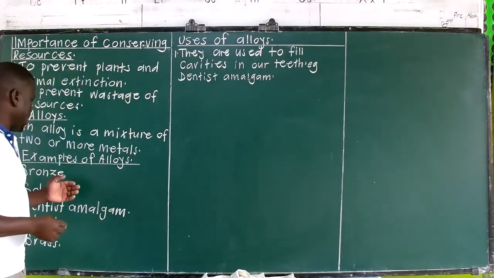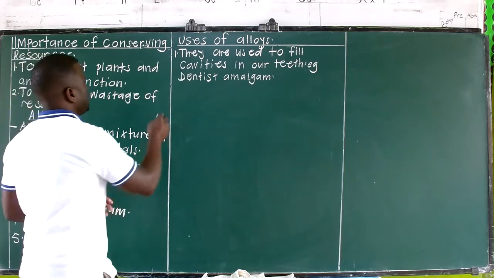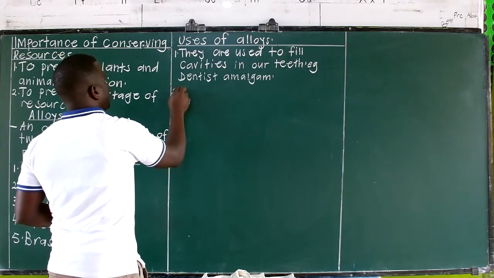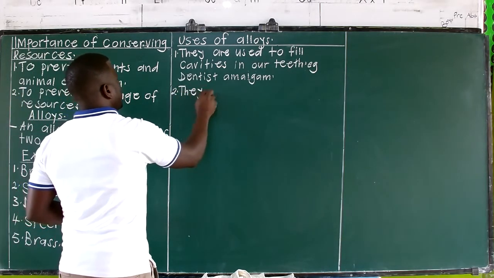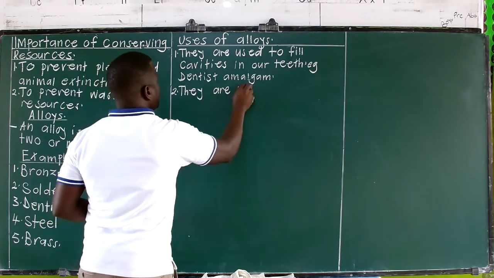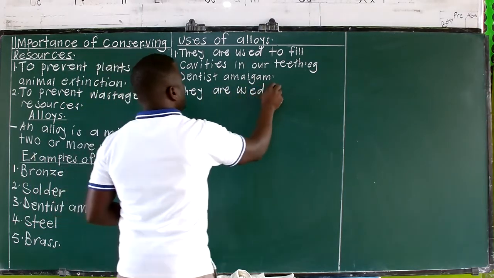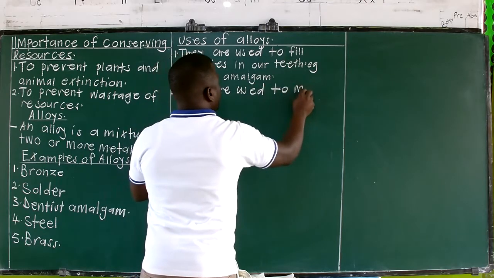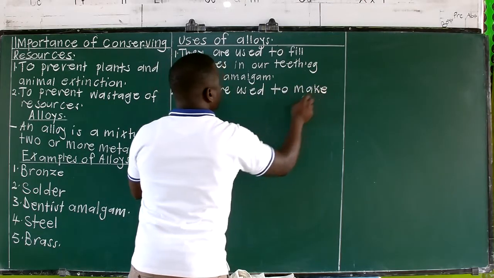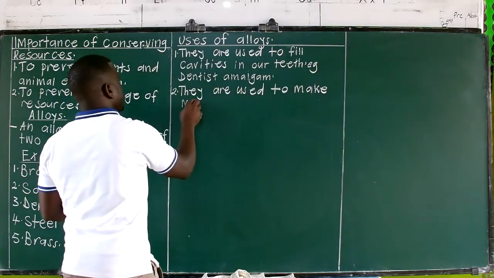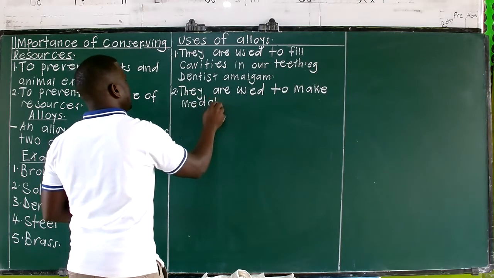Then you can also say alloys are used to make metals.